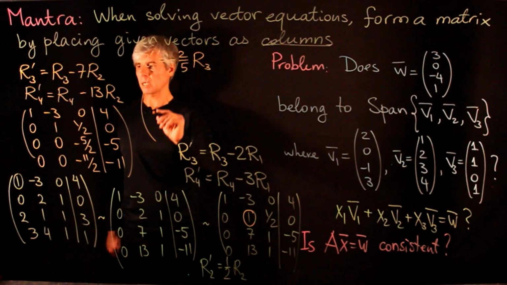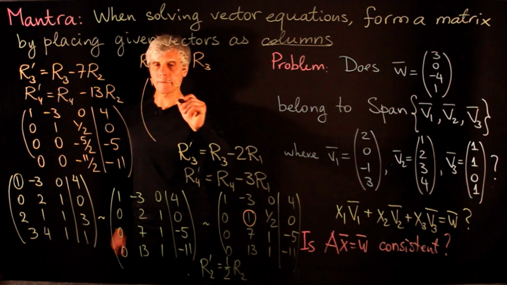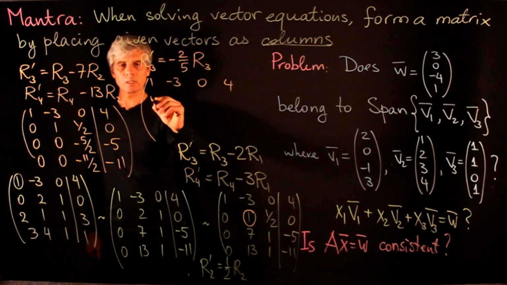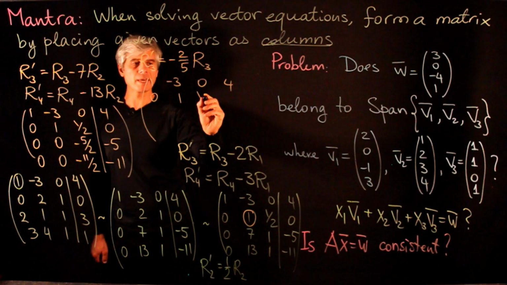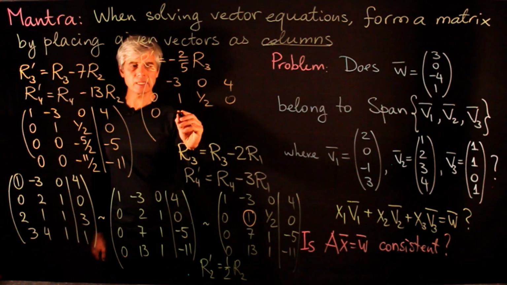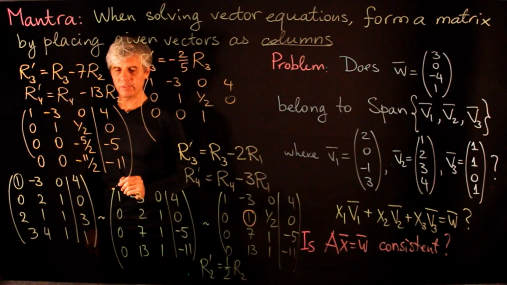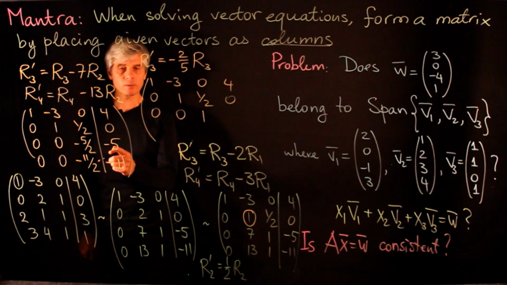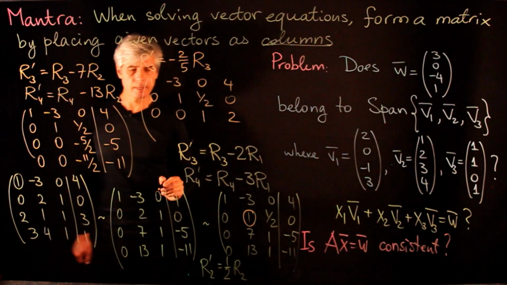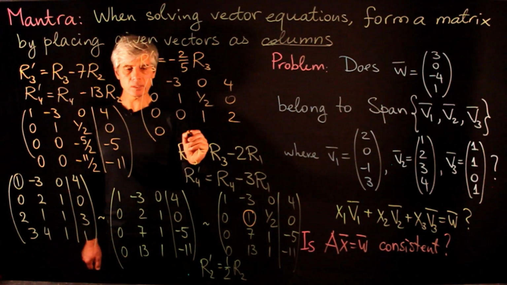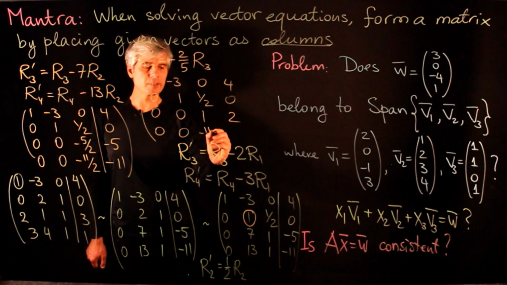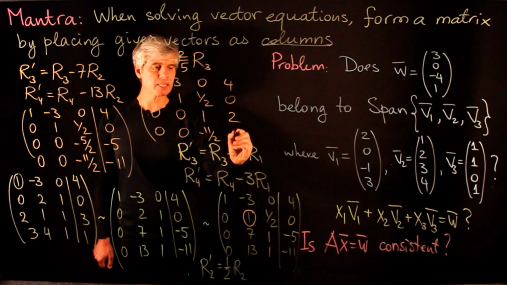So we get the matrix 1, -3, 0, 4, 0, 1, 1/2, 0, then 0, 0. So this will become a pivot 1, and -5 times -2/5, that's 2. And the last row is 0, 0, minus 11/2, and minus 11.